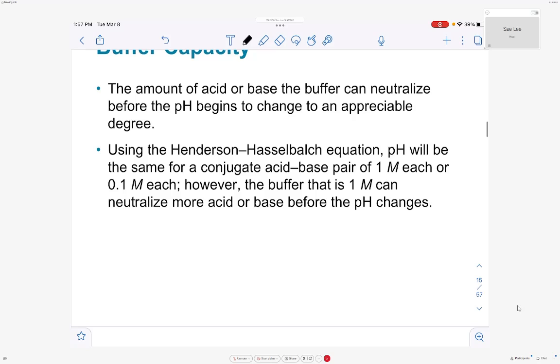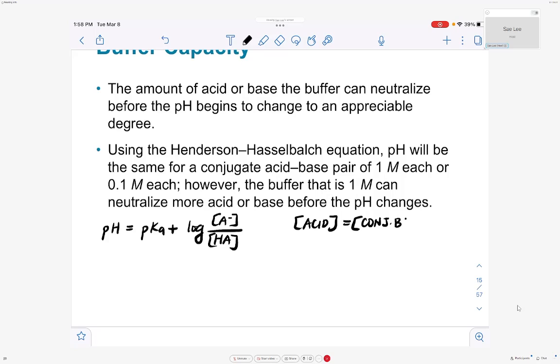I'm going to elaborate on that. The Henderson-Hasselbalch equation is this. Okay, so for a buffer solution where the acid concentration equals the conjugate base concentration, this ratio is going to be 1.